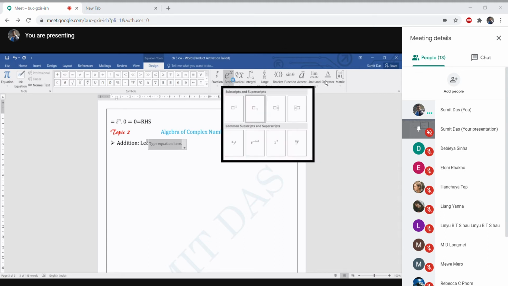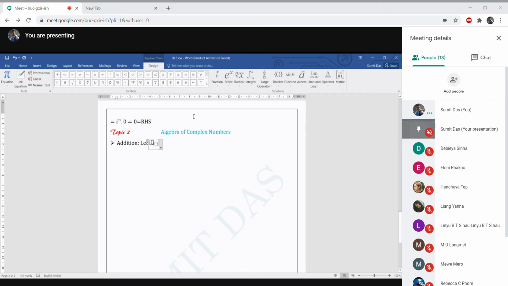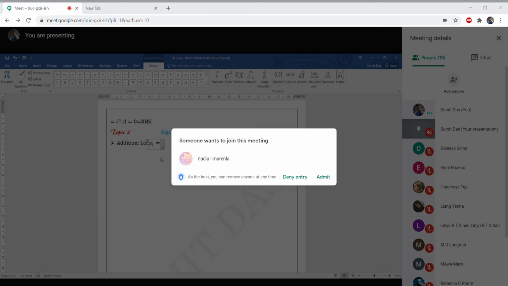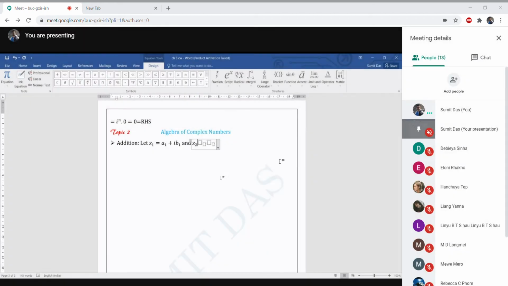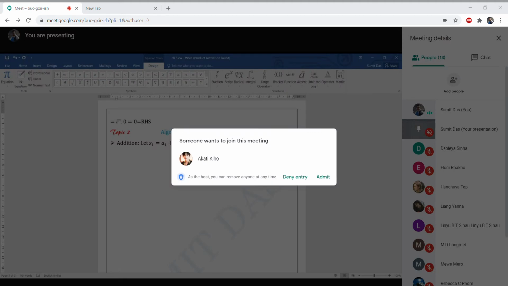Okay, representing with z1 that is equal to a1 plus i b1, and z2 is equal to a2 plus i b2.